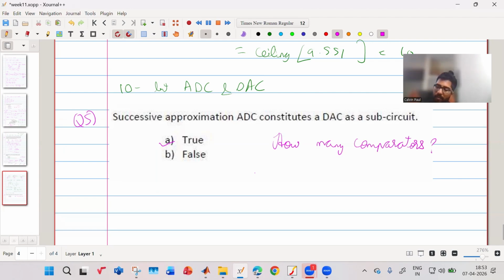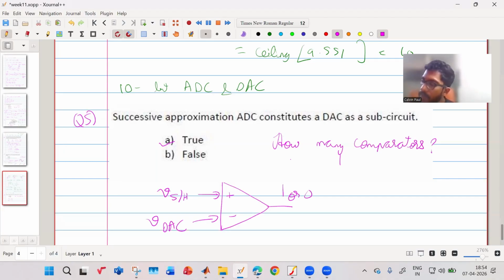Basically, it has your input sampled and held signal, and the signal sent from your DAC. Based on that, it generates 1 or 0. Based on what it generates, it will have some digital logic, some registers, some clocking, some latches, flip flops, etc. So that is the overall logic.